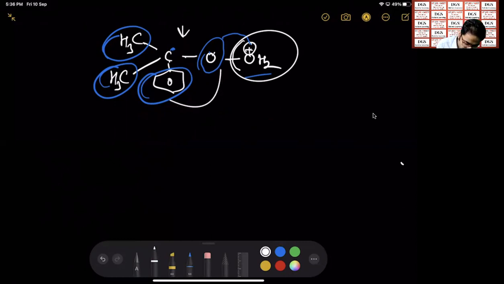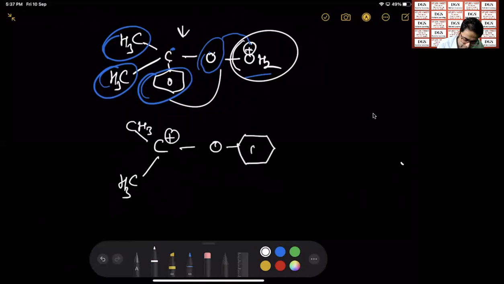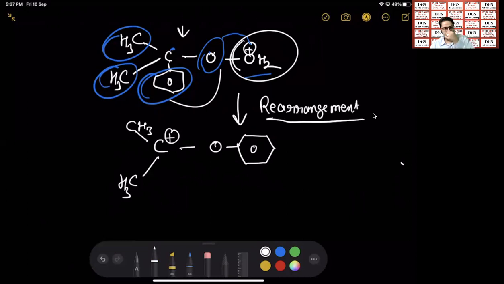So my dear students, we will get this now: CH3 plus O. Find the rearrangement. Now, this sort of rearrangement comes under the heading of Hock rearrangement. Okay, I will write it about Hock rearrangement.